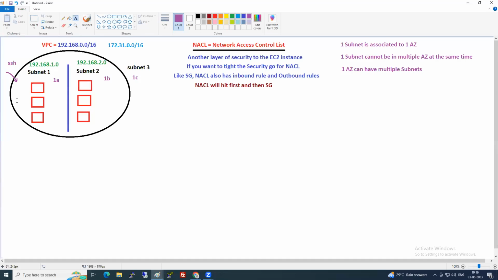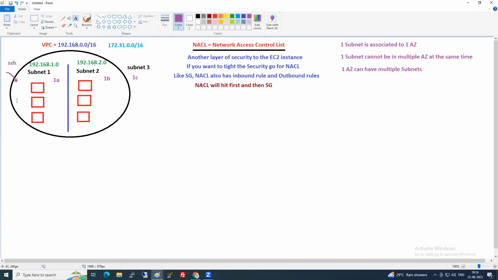Now tell me how to stop him. So someone is hacking my EC2 instance. So how do you stop him?